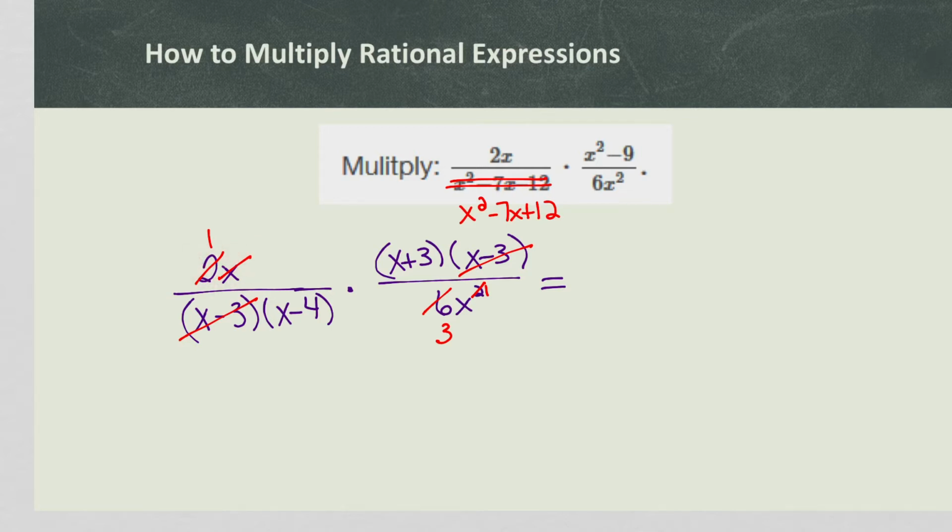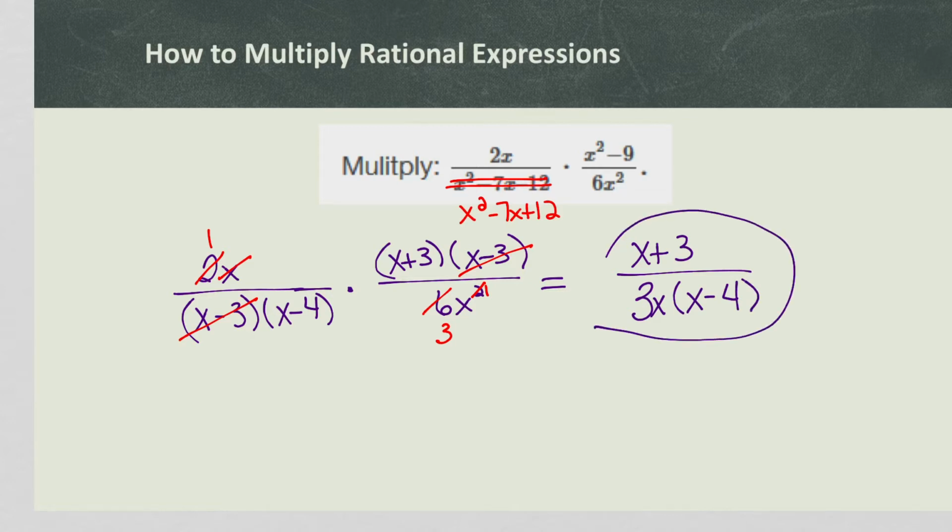What I'm left with in the numerator, 1 times x plus 3, gives us x plus 3. And then our denominator, that turned into 3, and this is still an x, so I've got 3x times x minus 4. And that's all we can do for this.